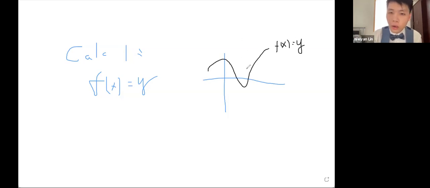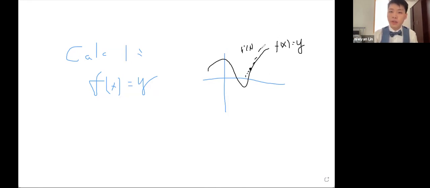Right, so at a single point, the derivative measures the slope of our tangent line passing through this point. So we use f prime of x to denote the derivative of this function, right?